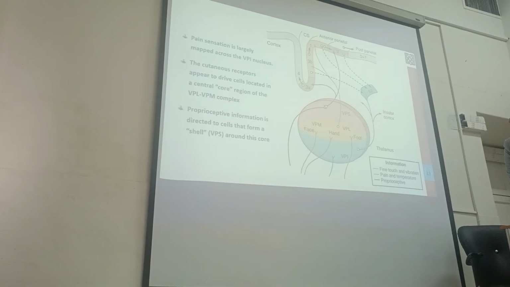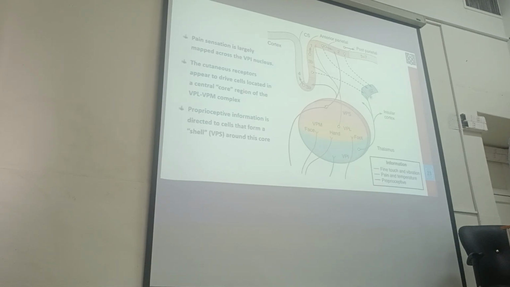So these areas are somatosensory area 1. And I told you that we have Brodmann area 5 and 7, and we have also somatosensory area 2. So somatosensory area 1, somatosensory area 2, somatosensory association.